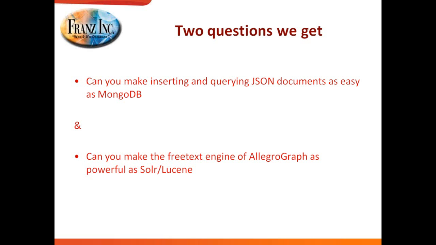They can go with the triple store, or if they don't do too many joins and they actually just work with JSON objects, then they have the choice to go with MongoDB. So anyway, we have customers that want to work with triples, but that also want the ease of MongoDB. And then we get a lot of questions about text indexing. Our triple store does have a full text indexer, but the combination of Solr and Lucene is extremely powerful, so we also integrated that in our triple store. But more about that in our next meeting.